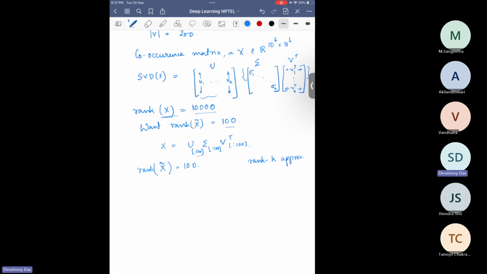Suppose we are given this X PPMI, and suppose it is an M cross N matrix. I can do an SVD of this, and then I get something like this.